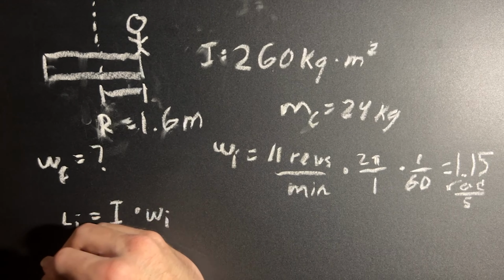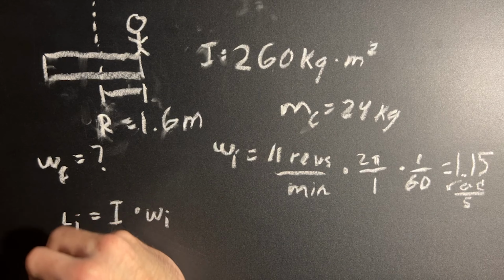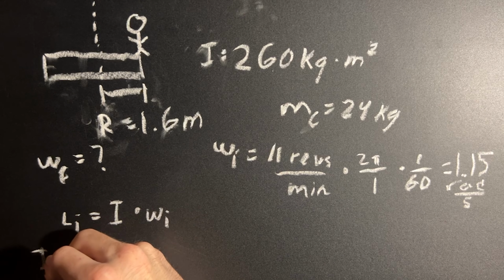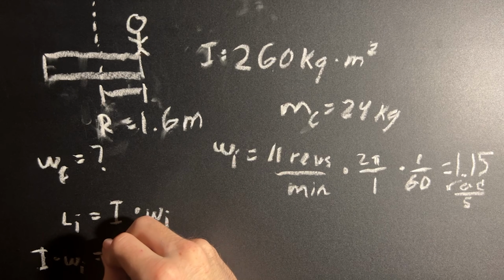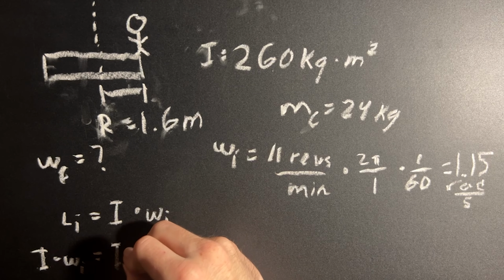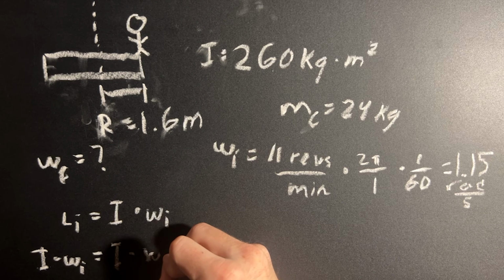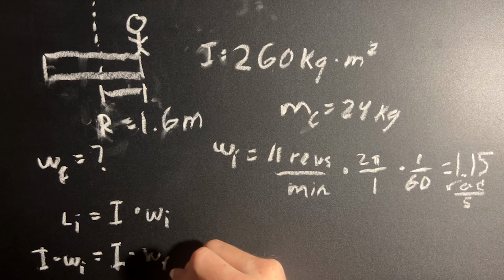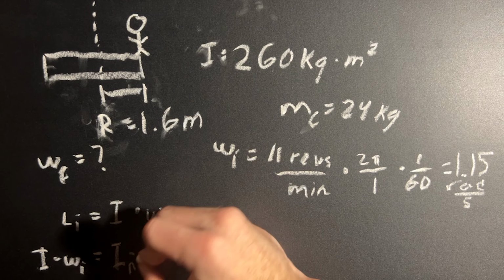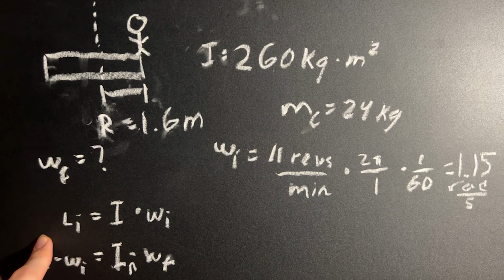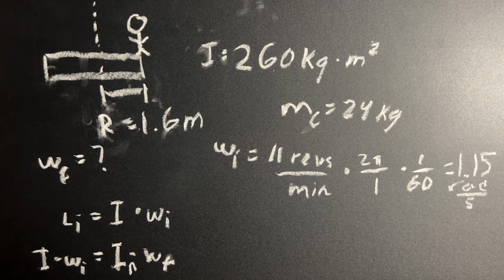So it will look something like this. This is angular momentum initially, and then this is angular momentum final. The two will be equal to each other.